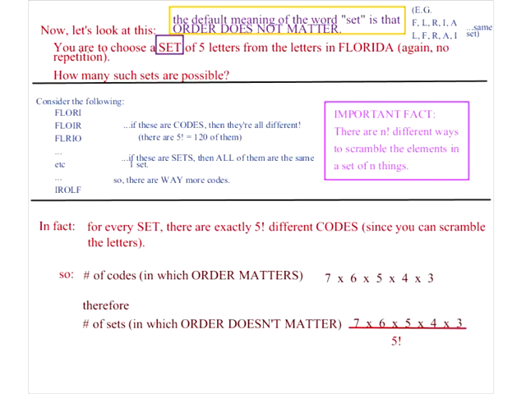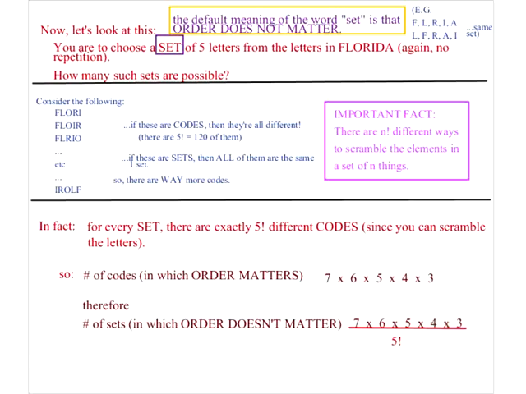You have to divide by this factor. If you know how to do a combination formula, it will give you the same result, although you will have to simplify a little bit more.